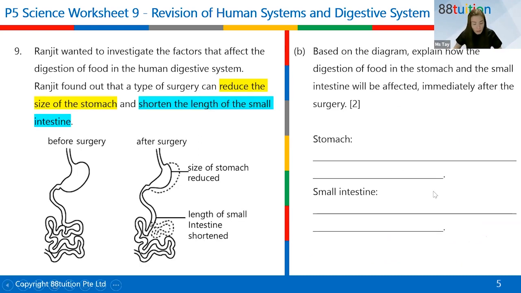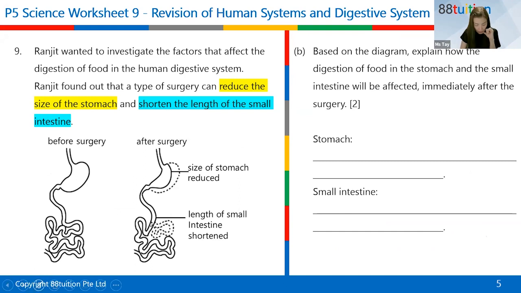Next, Ranjit wanted to do this investigation, right? So he found out a type of surgery can reduce the size of the stomach, okay, and shorten the length of the small intestine. So if you look at the diagram, before surgery and after surgery, you see the change, right?